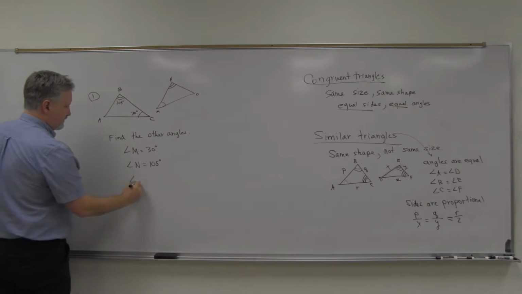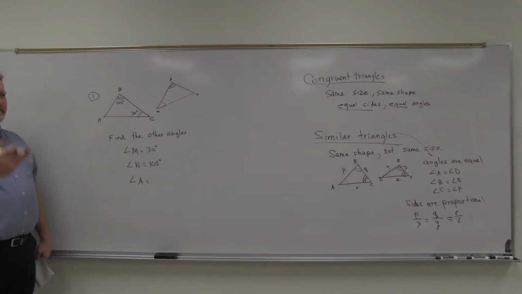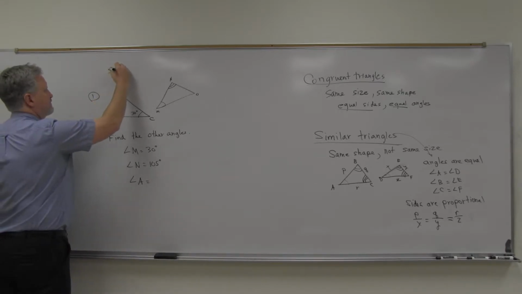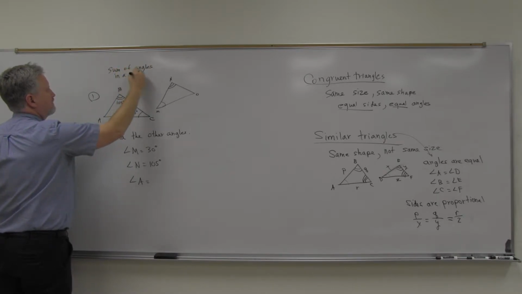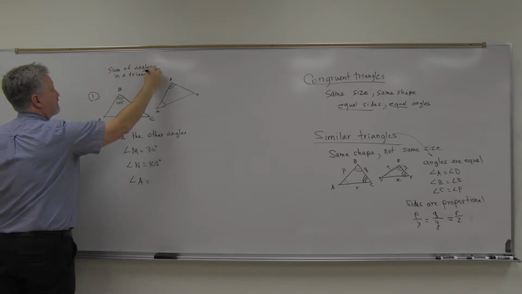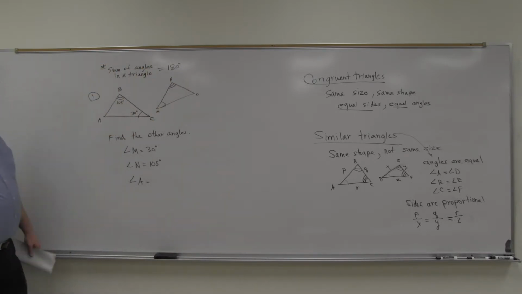What about the other two? Well, that's where again we use the fact the sum of the angles is always 180, right? In a triangle. We used that a couple of times here, but the sum of the angles in a triangle is going to be 180.